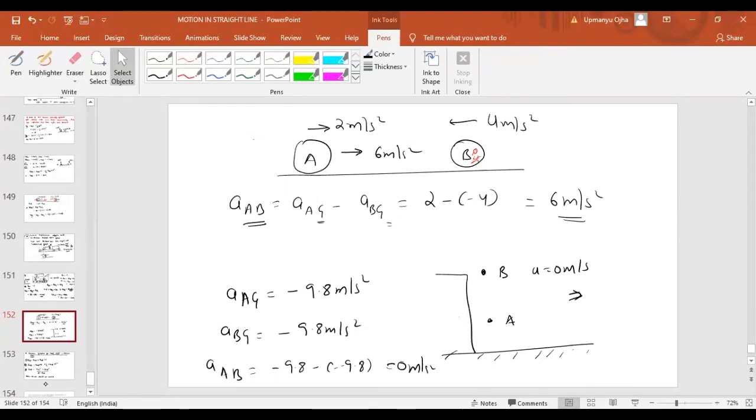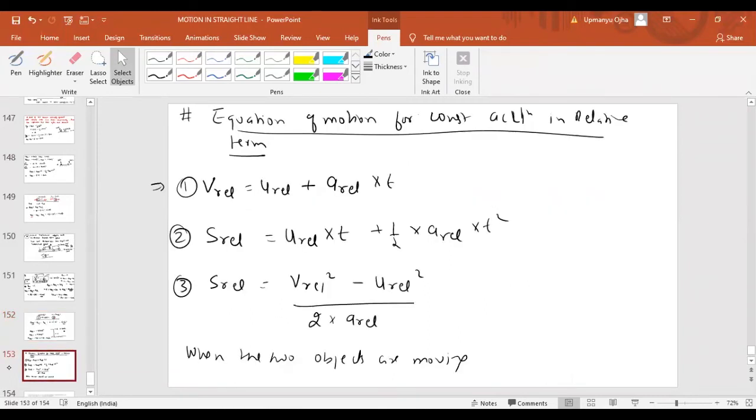You will observe that both A and B are moving under the action of gravity. So when two objects are moving at the same time, we can use the equations of motion in relative terms to get the answer. It helps us to simplify the question.